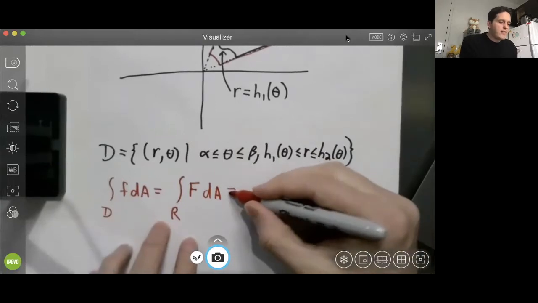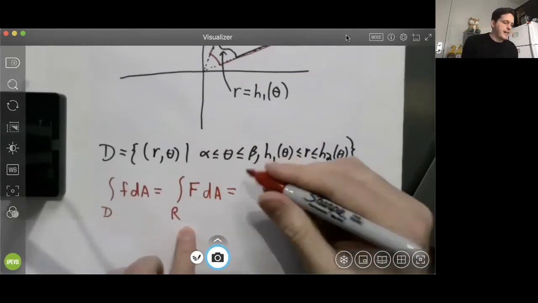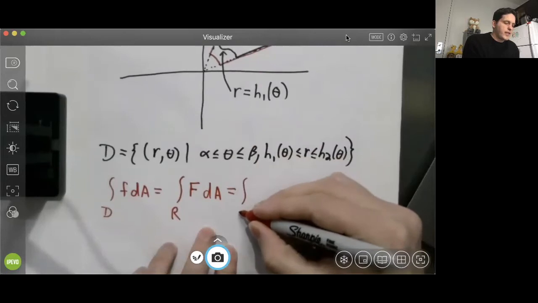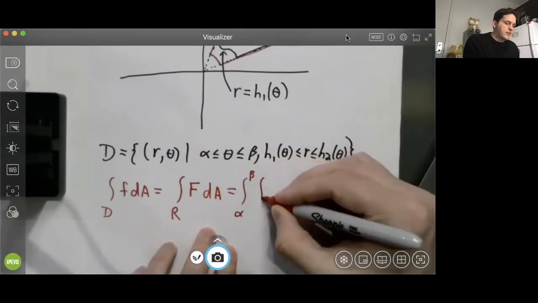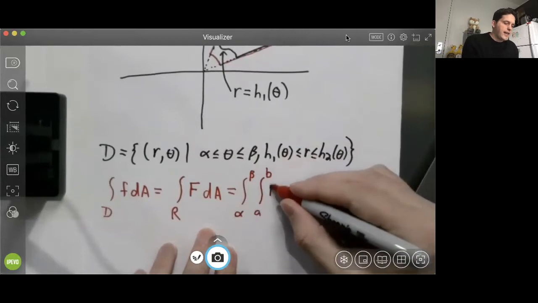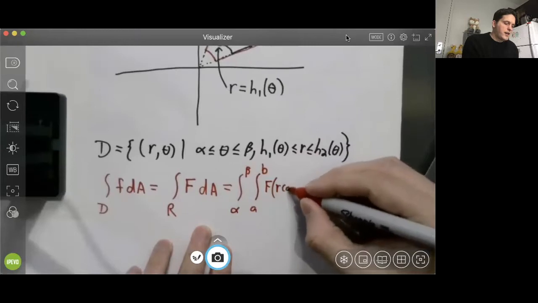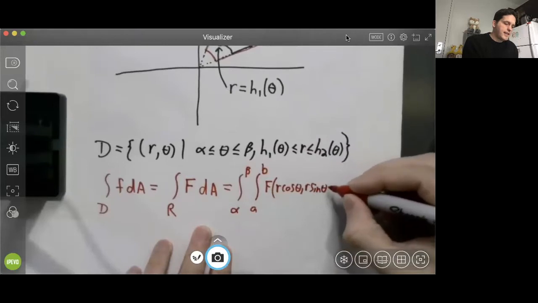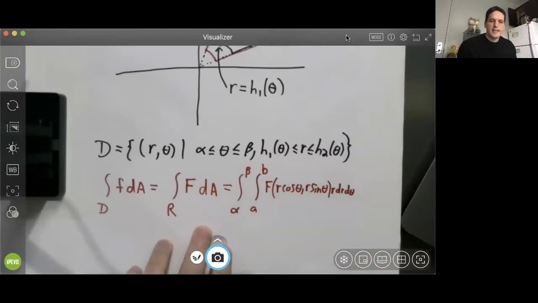Now notice we can evaluate this integral using the special formula that we developed last time. This is equal to the integral from alpha to beta of the integral from a to b of F of r cosine theta, r sine theta, r dr d theta.